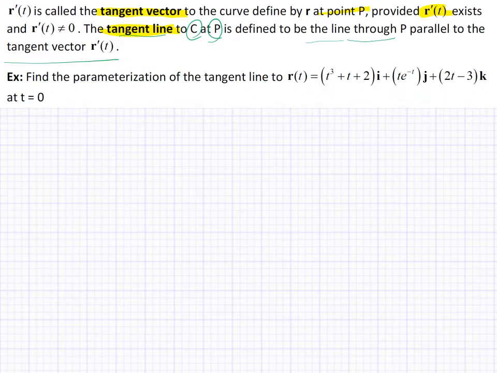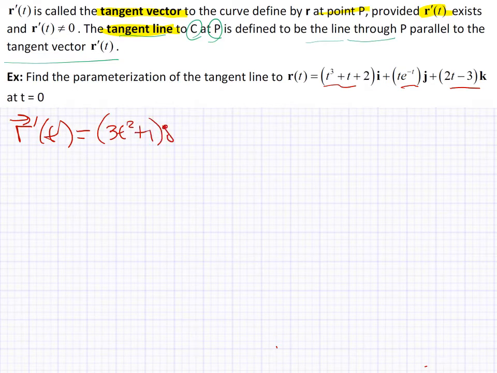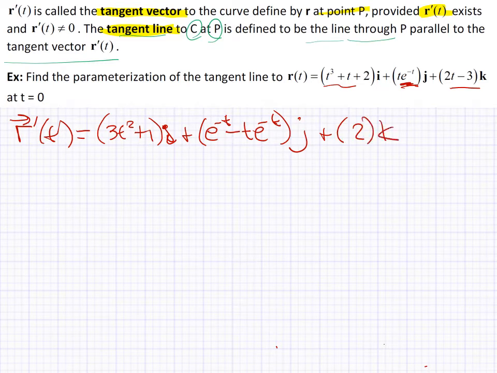So the first thing we would do is find the derivative. r prime of t can be easily found by taking the derivative of each component, which should be simple enough: 3t squared plus 1 i, plus, this would need the product rule, e to the negative t minus t e to the negative t, that's my j, and then we have 2k. So there's my tangent vector.